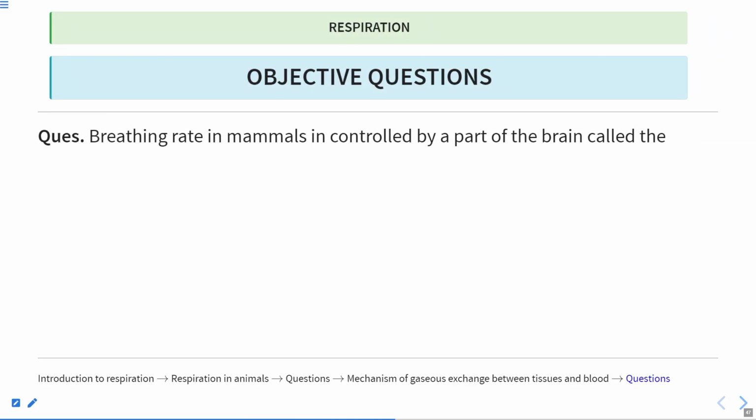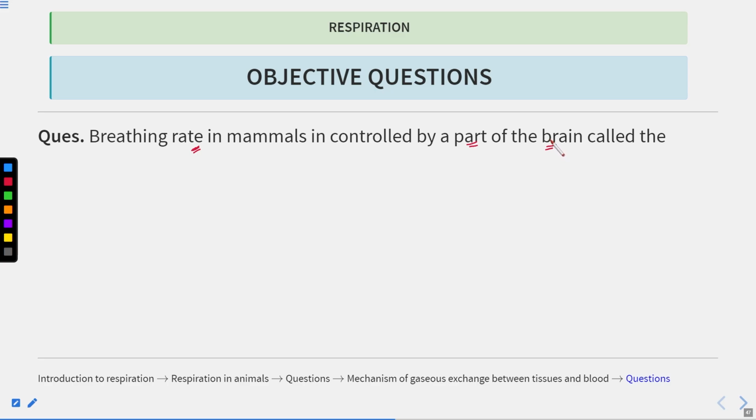So let's start with the first question. What is the first question? The first question is, the breathing rate in mammals is controlled by a part of the brain called, so breathing is regulated by a part present in the brain. Usually breathing is an involuntary action.